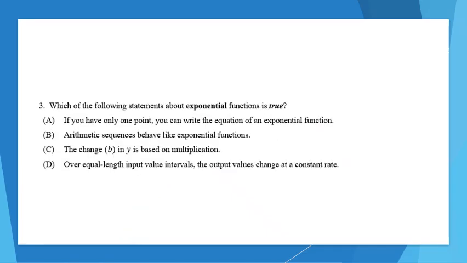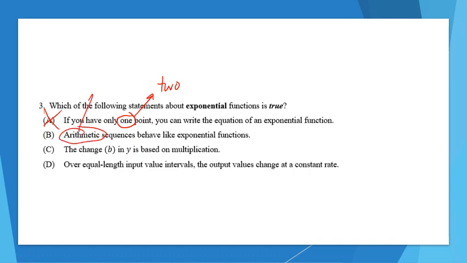All right, number three, which of the following statements about exponential functions is true? If you only have 1 point, you can write the equation of an exponential function. That is not true. You need at least 2, so this should be 2. So we can eliminate A because that's false. B, arithmetic sequences behave like exponential functions. That is also false.